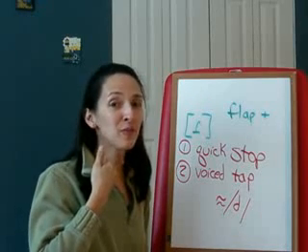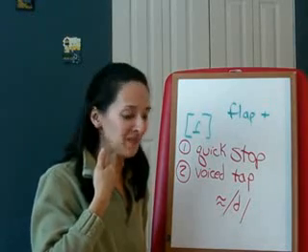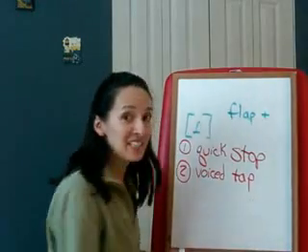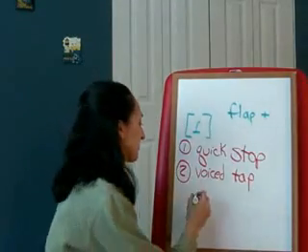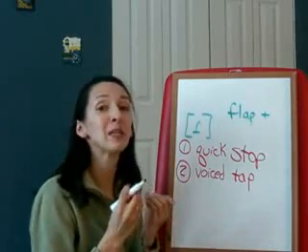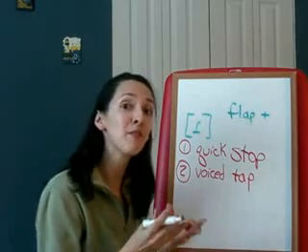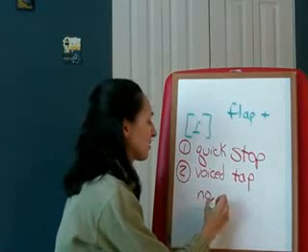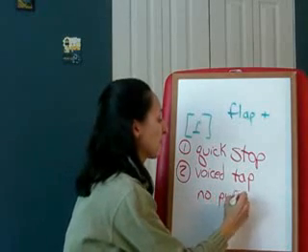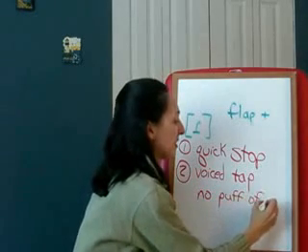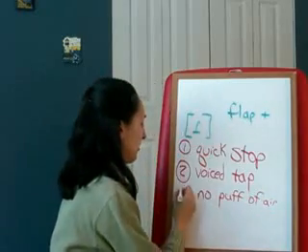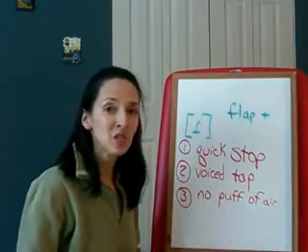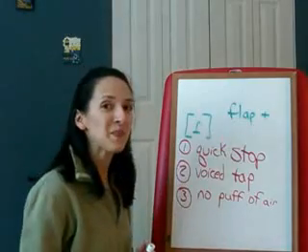You're going to feel vibration when you say the flap T. Now, because it sounds like that D, a voiced consonant, you will not have that same release of air, that same puff of air that we had with the true T. So let's note that. No puff of air. So note these three things that we need to do to make the flap T.